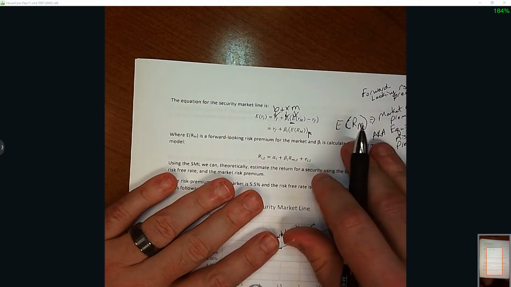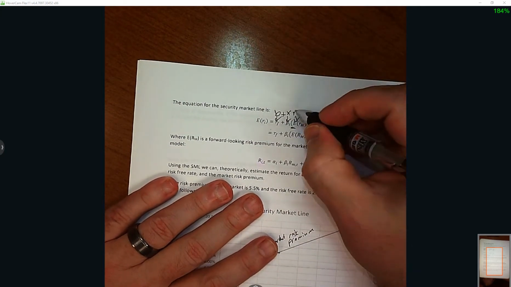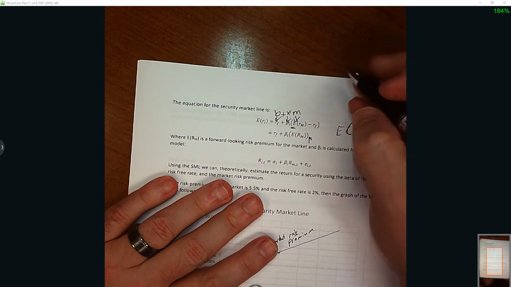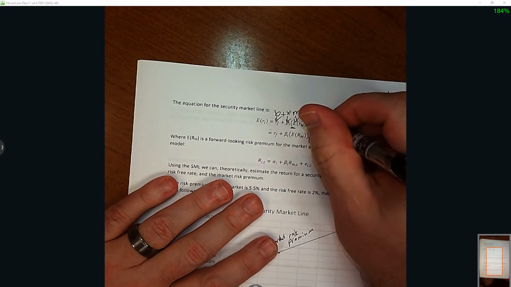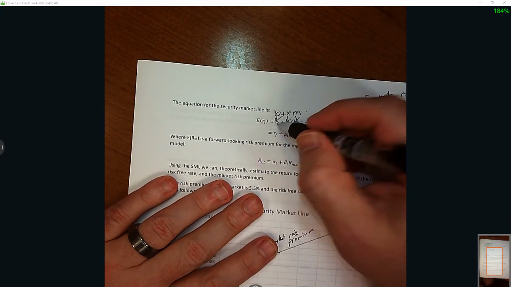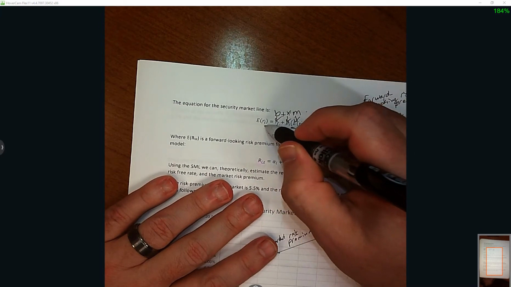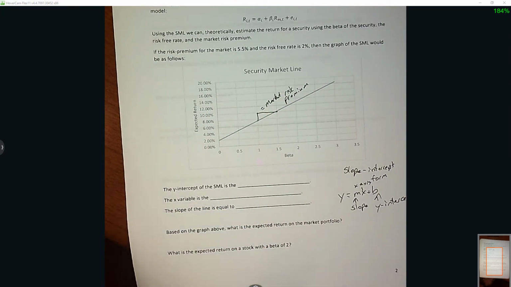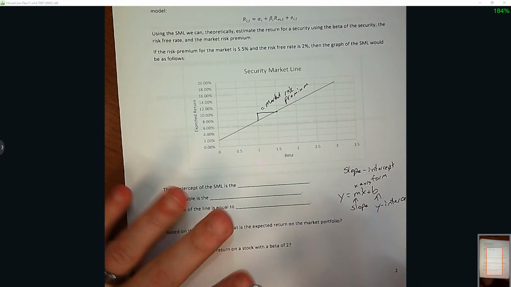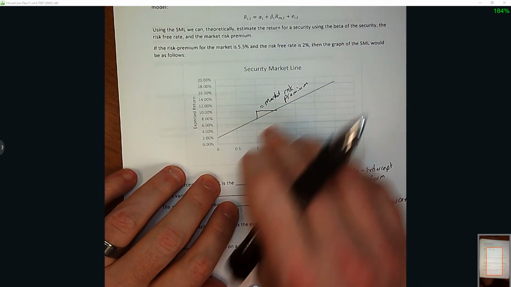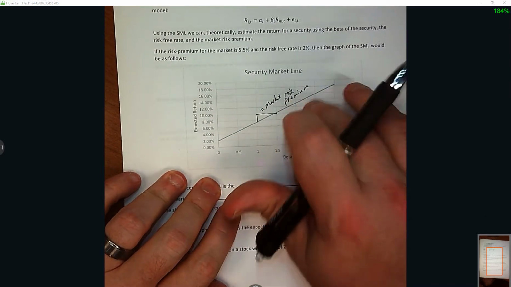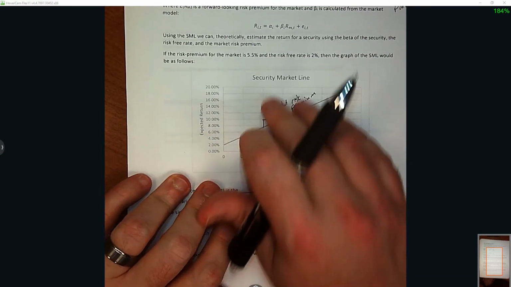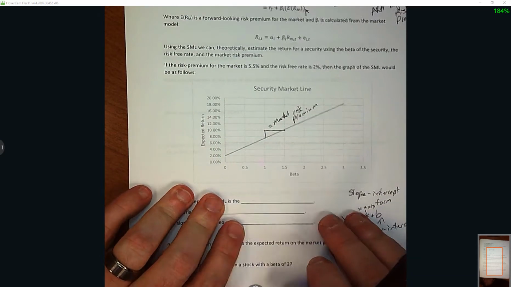And so for any value of x, the beta, given the market risk premium and the risk-free rate, we can calculate the expected return for an investment. And the idea behind the CAPM is that it's not just stocks, it's bonds, it's real estate, it's Pokemon cards, it's every type of thing you could invest in. You should be able to determine the required rate of return for that investment using the security market line.